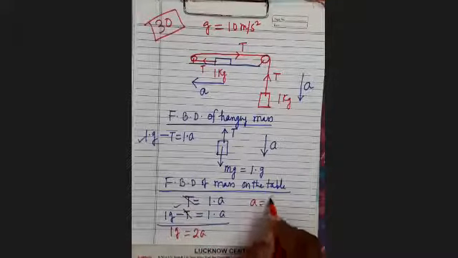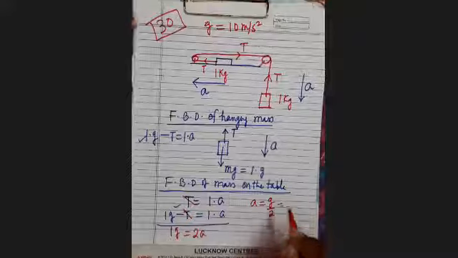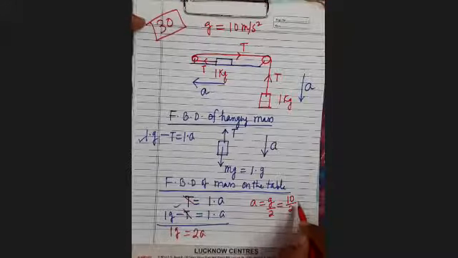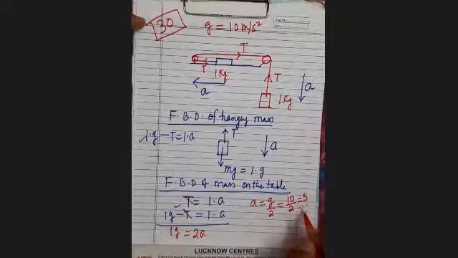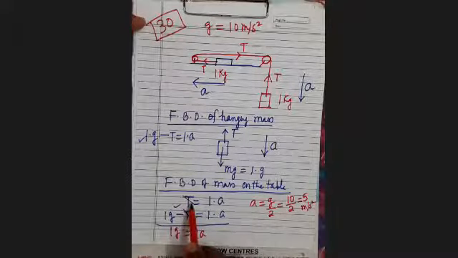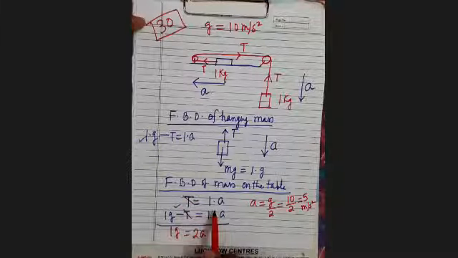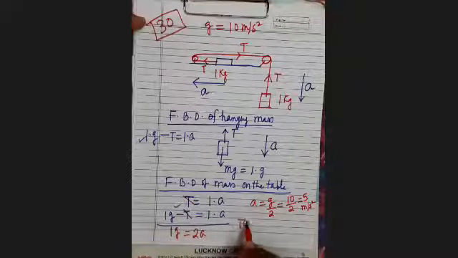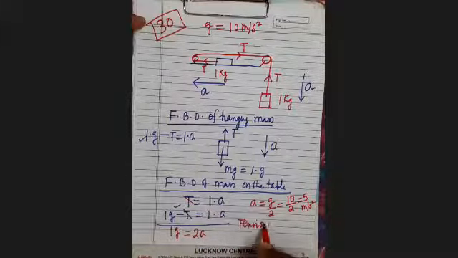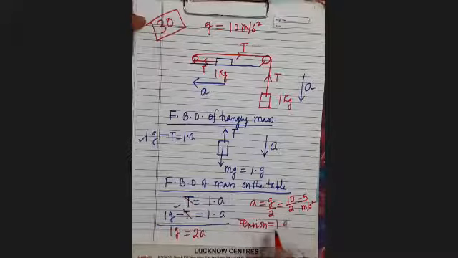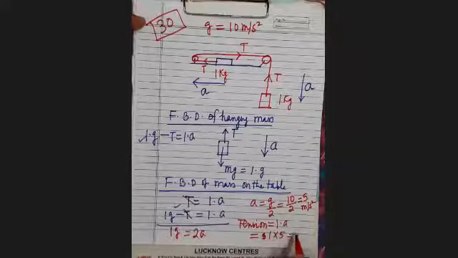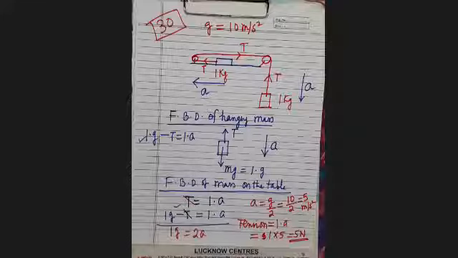Therefore, a equals to g upon 2, that is 10 upon 2, equals to 5 meter per second square. But you have to calculate tension. Tension is 1 into a, so tension equals to 1 into 5, that is 5 Newton.